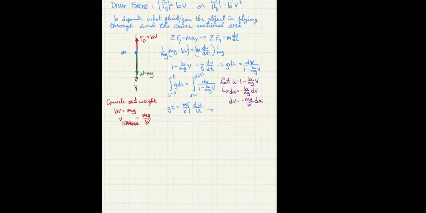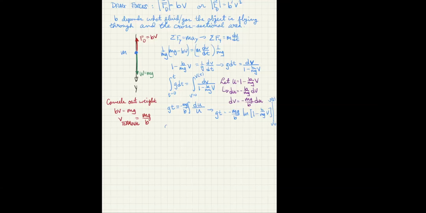So this is going to give us gt equals negative mg over b times the ln. Now I'm going to do the ln of what u was, and what u was was 1 minus b over mg times v, and we have to evaluate that from v equals 0 to v of t.